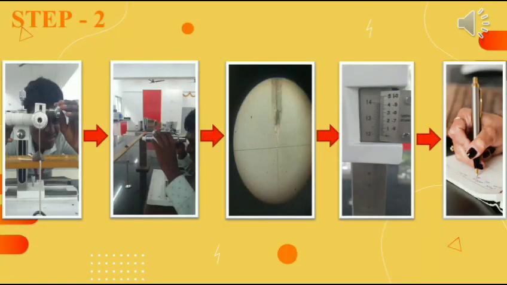Then focus the pin in the vernier microscope, as the inverted image of the pin is visible in the scope, by adjusting the vernier microscope until the inverted image of the pin coincides with the cross lines. After that, note the vertical vernier scale reading.